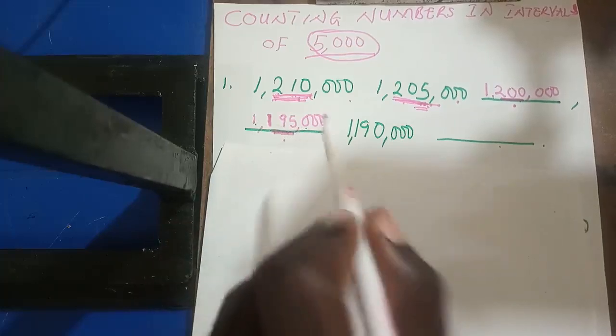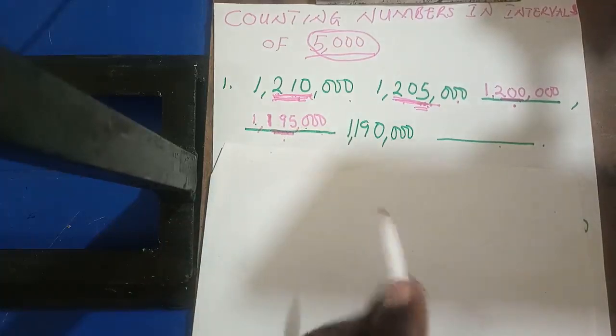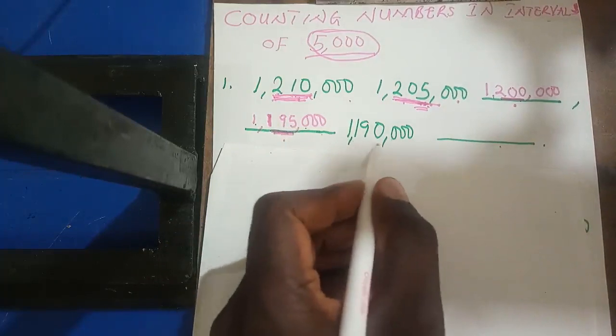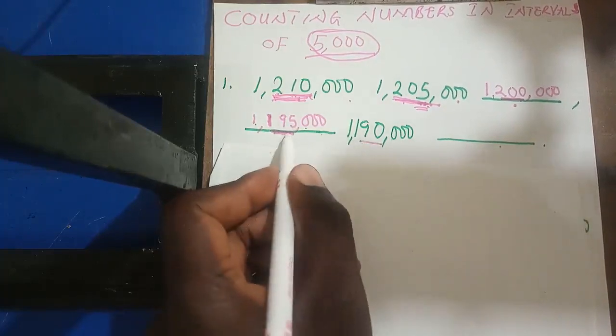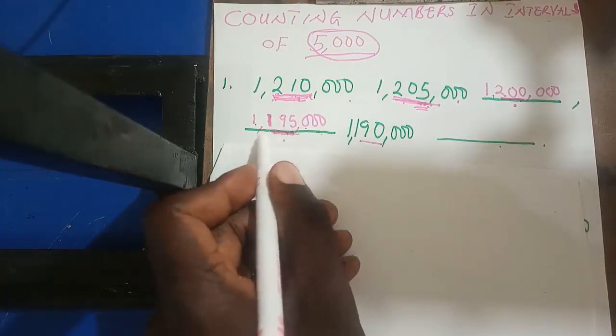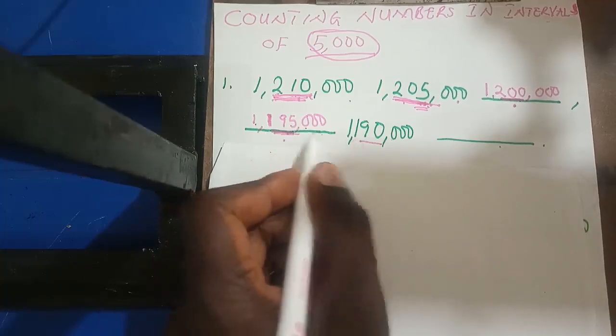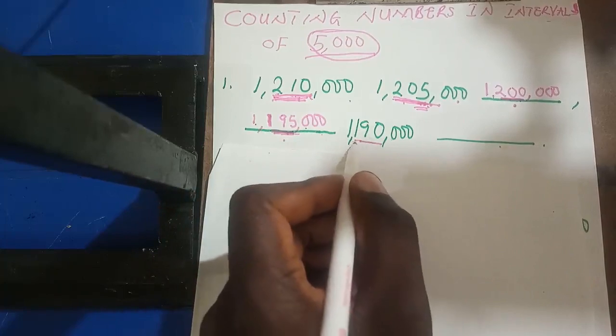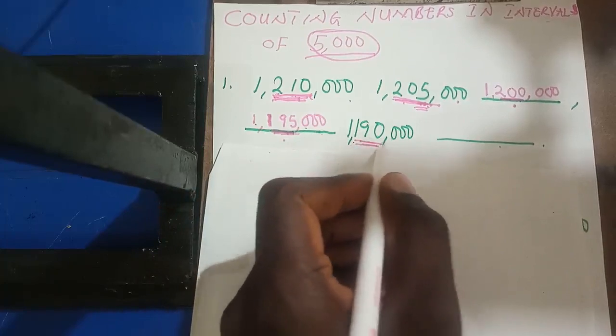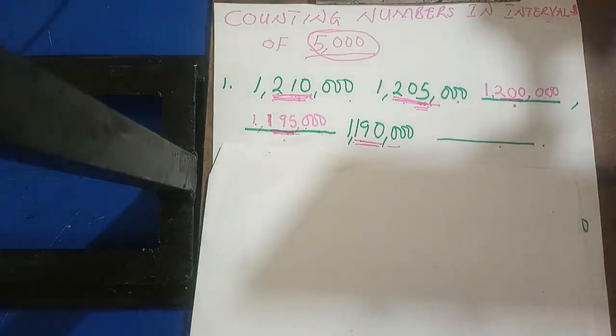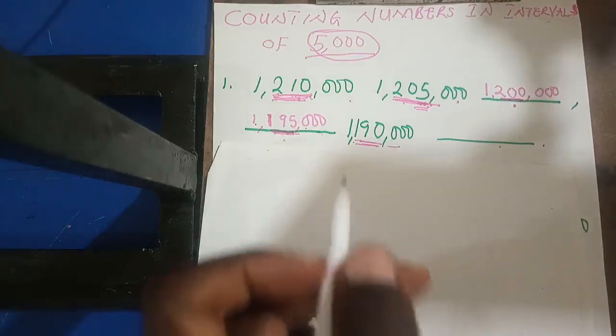How did we arrive at 1,195,000? It is by reducing this 200,000 by 5,000. Therefore, we arrive at 195,000. Therefore, it remains 1,195,000. We are still reducing.